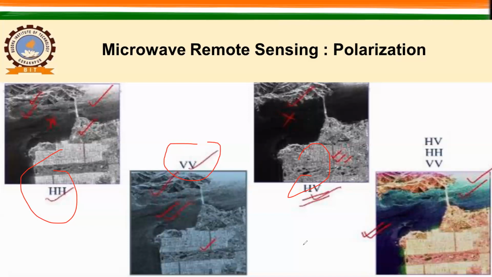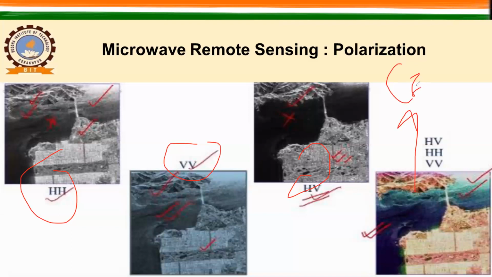So let us see when we combine HV, HH or VV together to generate a color composite. Let us see. I hope you can easily find out the differences between the first image, second image and third image, and this is the color composite image.